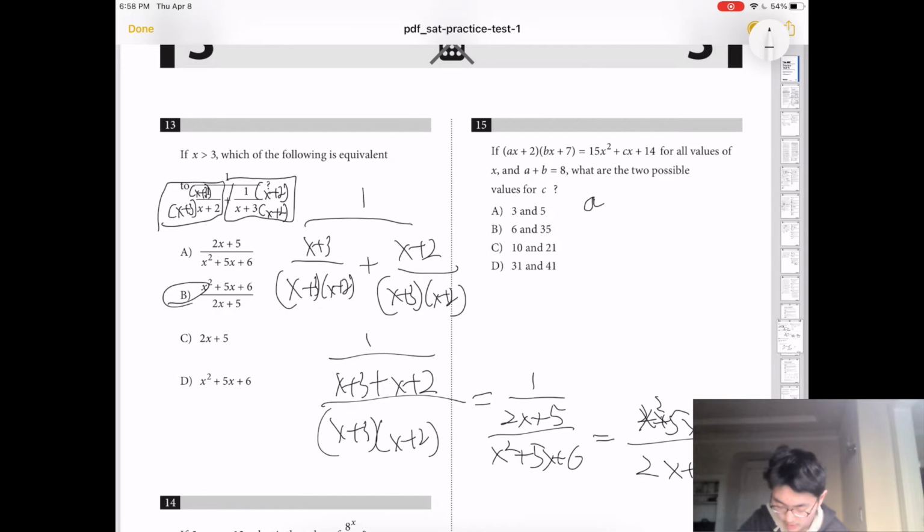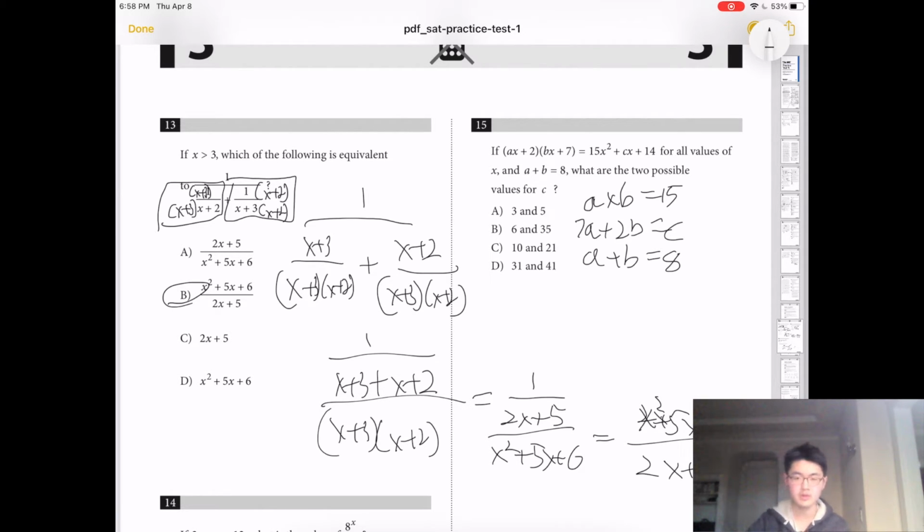And for this one, we know that a times b equals 15, 7a plus 2b equals c, and a plus b equals 8. Alright, for this one, we could do complicated math, but we don't really have to.